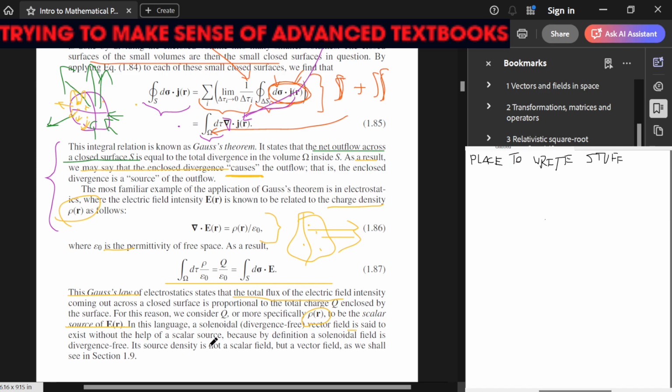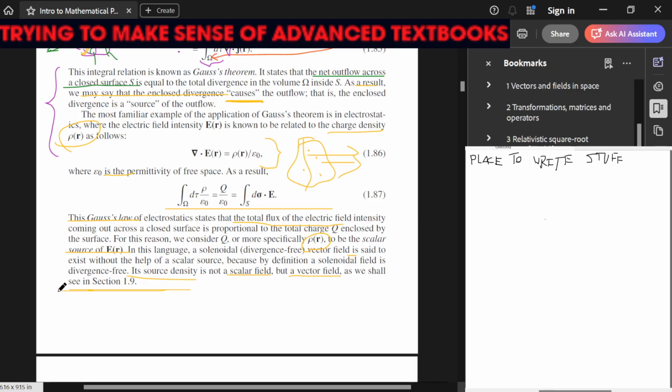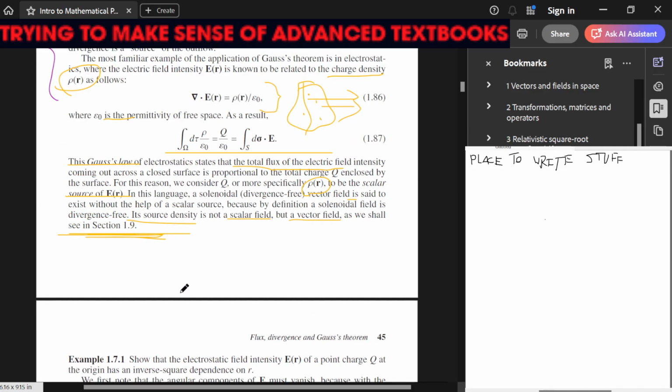Its source density is not a scalar field, but a vector field. It's not a scalar field, as we shall see in the next section. Ooh, spoilers.